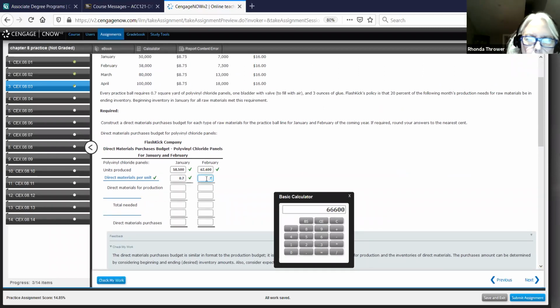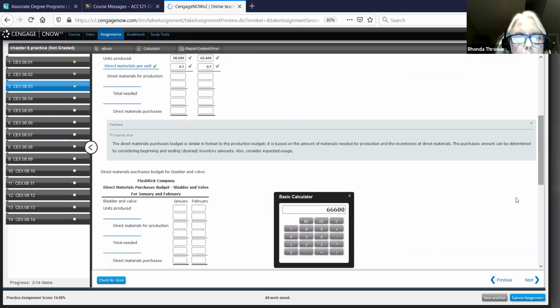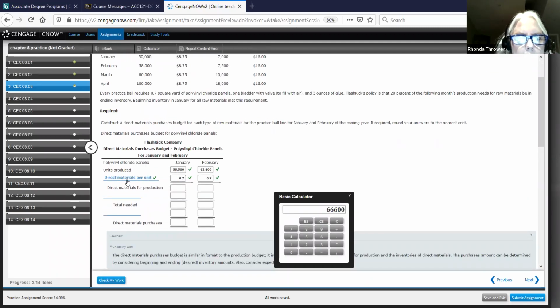So 0.7 is going to go here. When we multiply the amount of materials we need per unit times the number of units that we're going to produce, it's going to give you the direct materials for production. So we're going to multiply the two of these together.